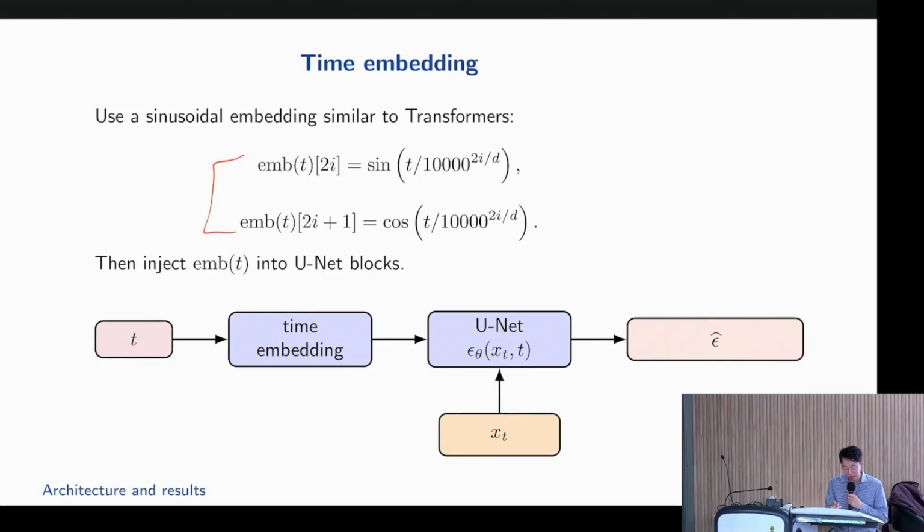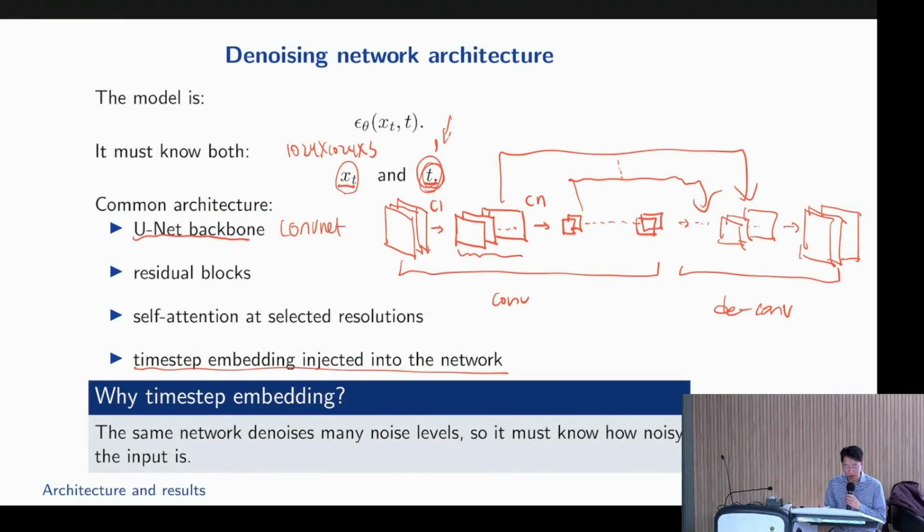So we're going to use sines and cosines and generate some embedding that's a function of the time index. And that's pretty much the change you need to apply to the unit to make it work for multi-step denoising.